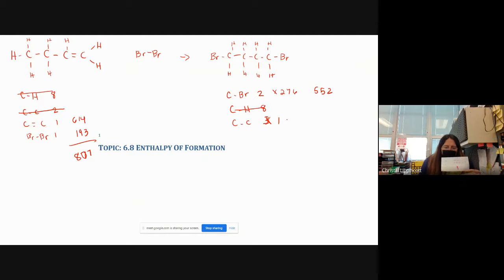And then I have 1 here at 348. So if I add those together, they come up to be 900. And then 900 and 807, bonds broken minus bonds formed. That ends up being another negative 93 kilojoules.